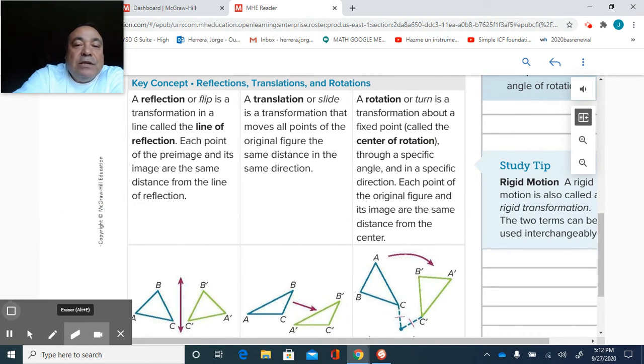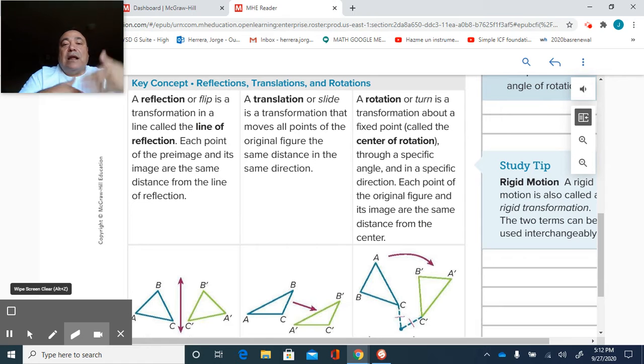Now let's go to the next transformation, a translation. It's like you slide it to the right, slide it to the left, or slide it up and down. And the last rigid motion that we have is called a rotation, or a turn. That means you take an image and turn it 90 degrees or 180 degrees. In our situation, we might have to do it counterclockwise as well.